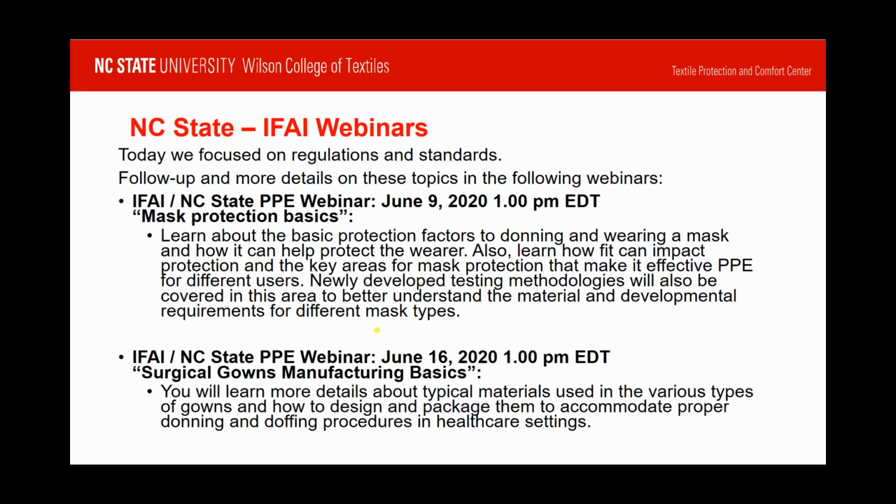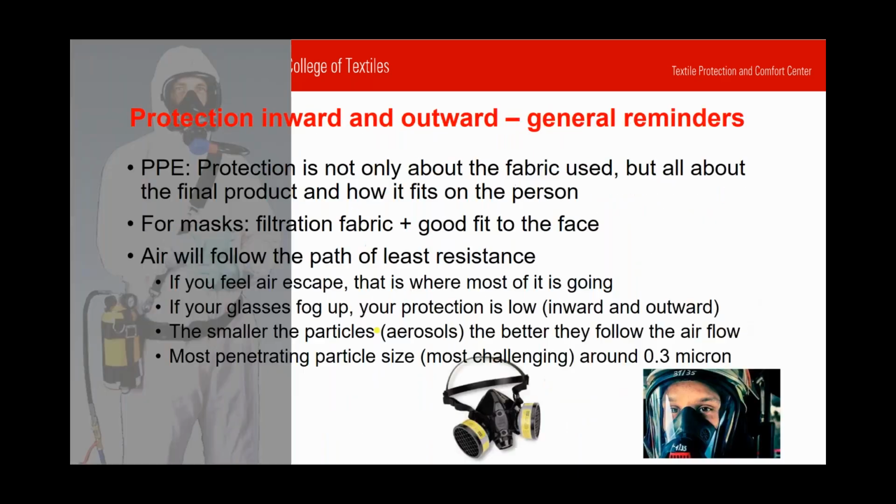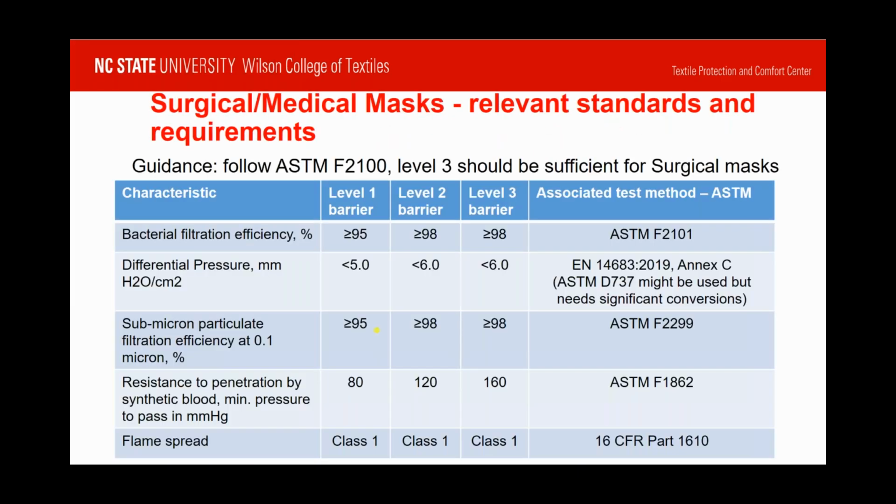Okay, thank you. And the next question is, ASTM 2101 is what size particle? For surgical respirators, does it need to meet ASTM 2299 as well as NIOSH requirements? So the surgical masks are not a respirator, so it does not need to meet the NIOSH requirement. I think that's what the question is. The ASTM F2299, I think I went back to those slides.